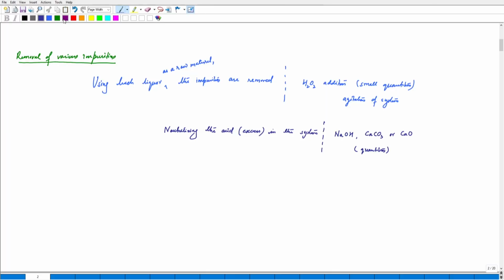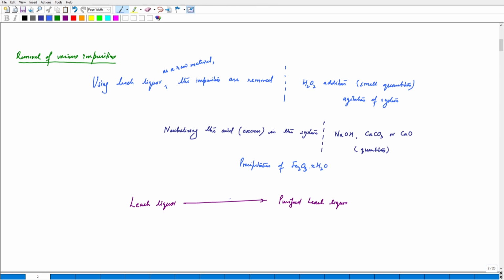So where are we now? After the leach liquor, we had the leach liquor in the previous slide, and now we have purified leach liquor. And what were the various impurities that we were actually targeting? It helps us to precipitate Fe2O3.xH2O.